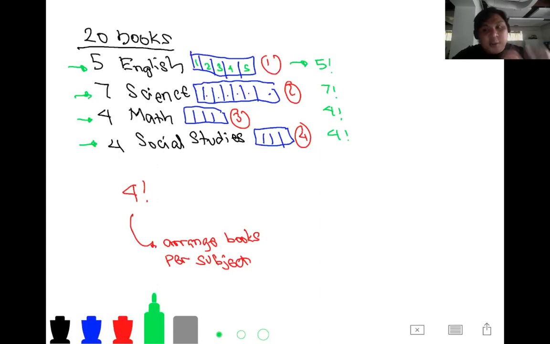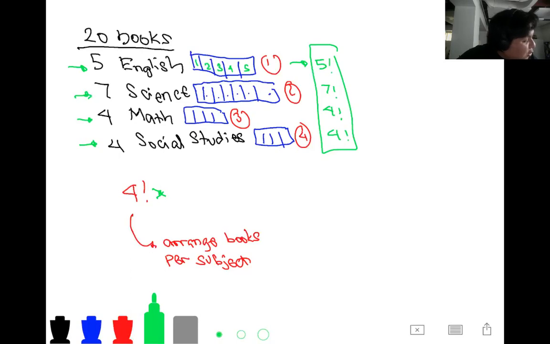because not only do you need to arrange them per subject, each subject also has a small arrangement within themselves. Thus, this 4 factorial also needs to be multiplied by the number of ways that each group of books can be arranged within their group subject.